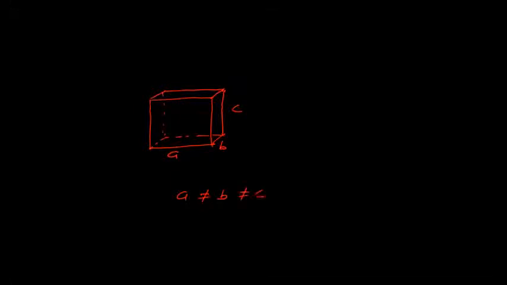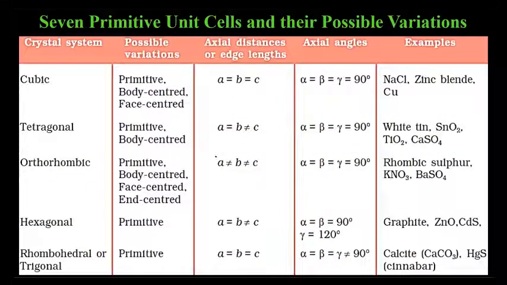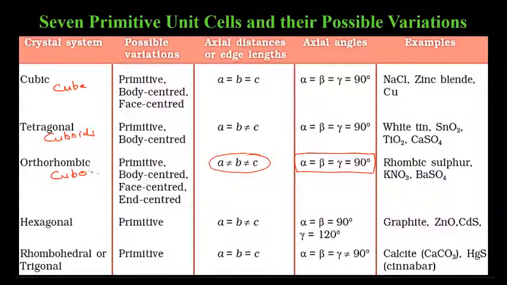But all the angles are 90 degrees. So these two are cuboids. The difference is in tetragonal, a is equal to b. In orthorhombic, none is equal. So in the first three, you need to remember this is the same.